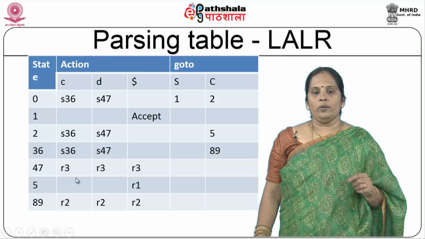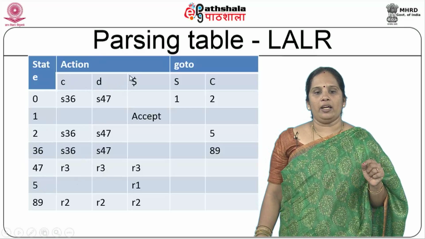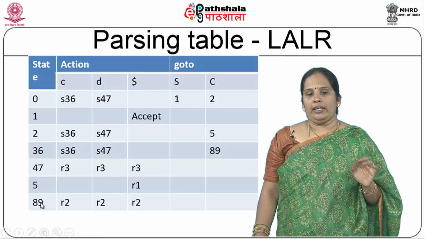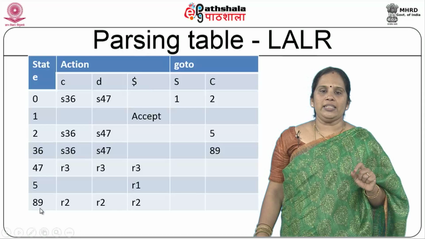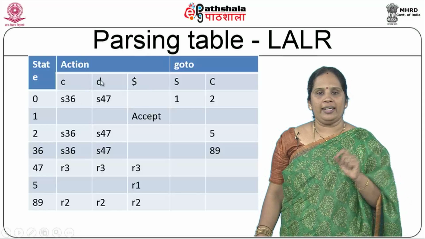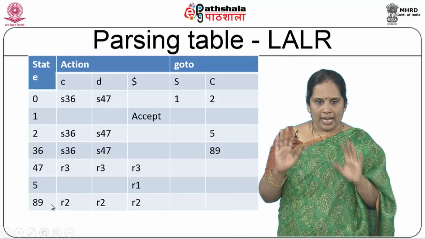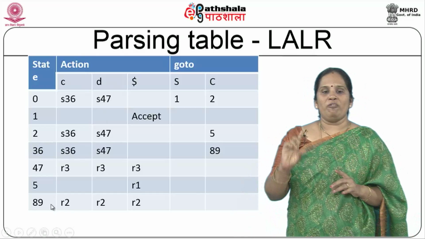I will add reduce by R3. Again 5 and dollar, there is no problem here at all. 89 is a combined state, at the intersection of 89 with C, D and dollar, I will say reduce by the R2 action. Exactly the same, the only difference is I have merged the states.